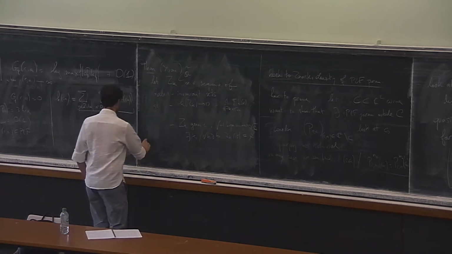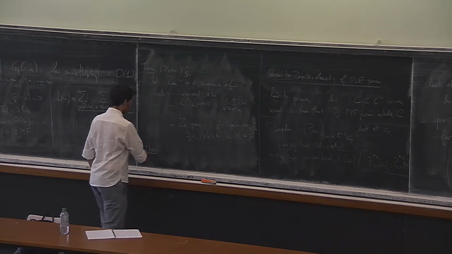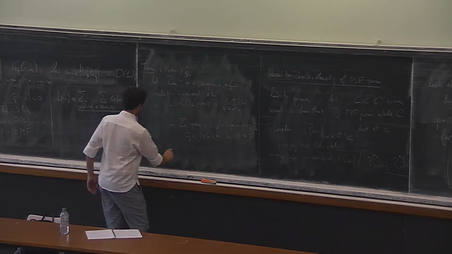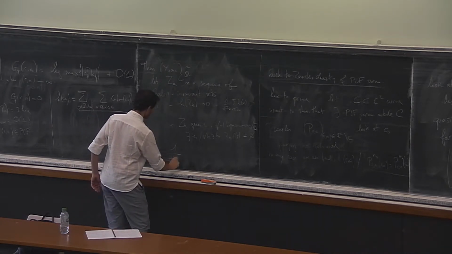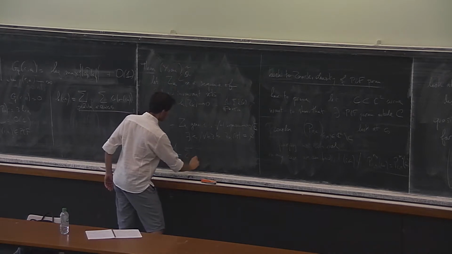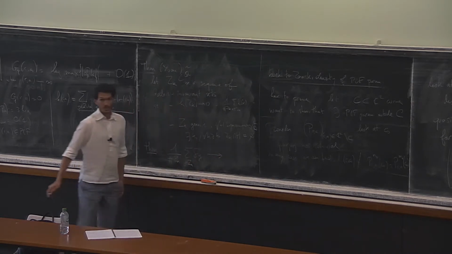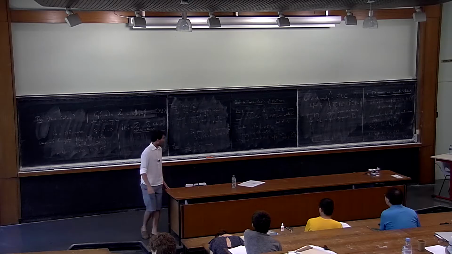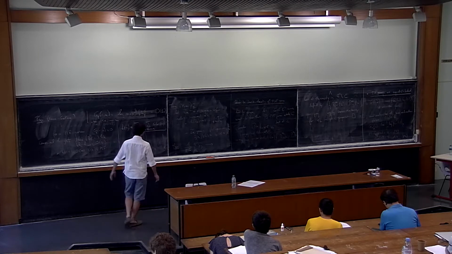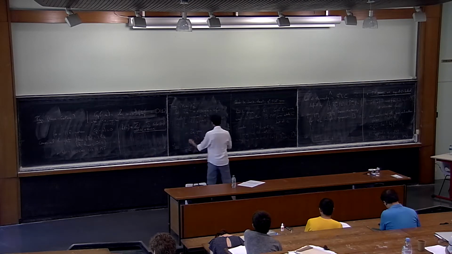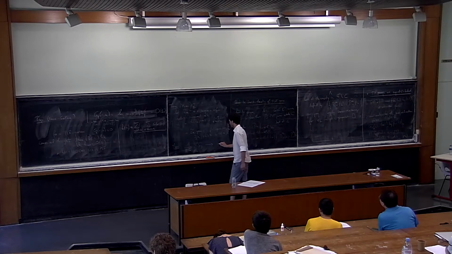Then the conclusion is that this set equidistributes to some measure, which is actually the Monge-Ampère measure of the function g. So it is a certain probability measure in space.